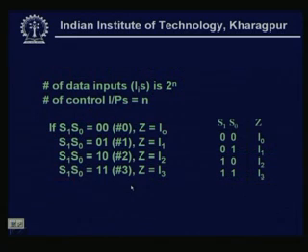So, in general we can say that the number of data inputs is 2 to the power n and the number of control inputs is n. Control inputs means our select lines.